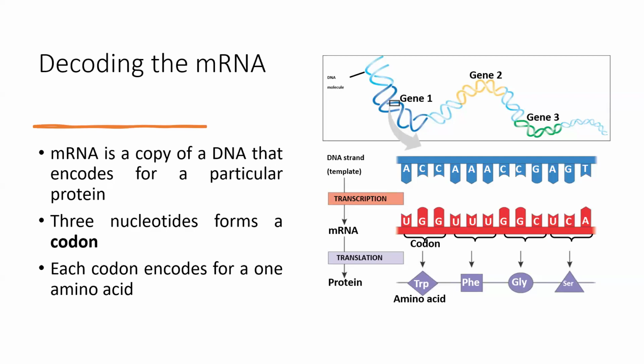How many for the second spot? 4. And 4 times 4 is only 16. How many amino acids do we have? 20. 16 is not enough, you see? That's why we have to pop in a third one. 4 times 4 times 4 is 64. So this triplet, 3 letters, is called a codon.